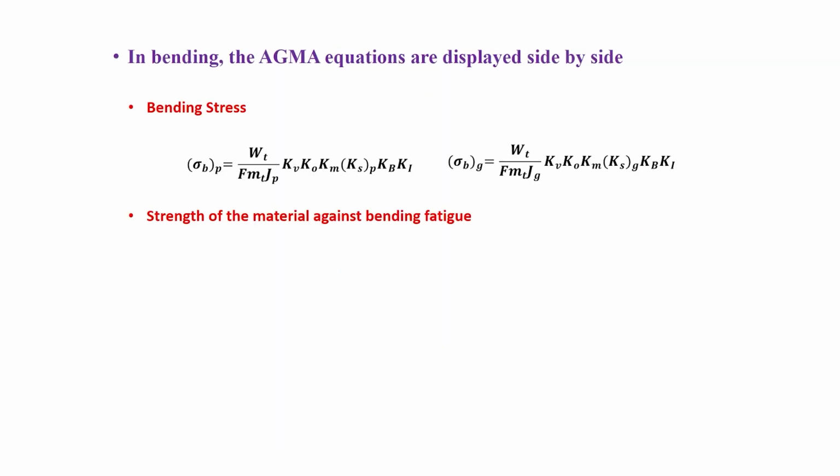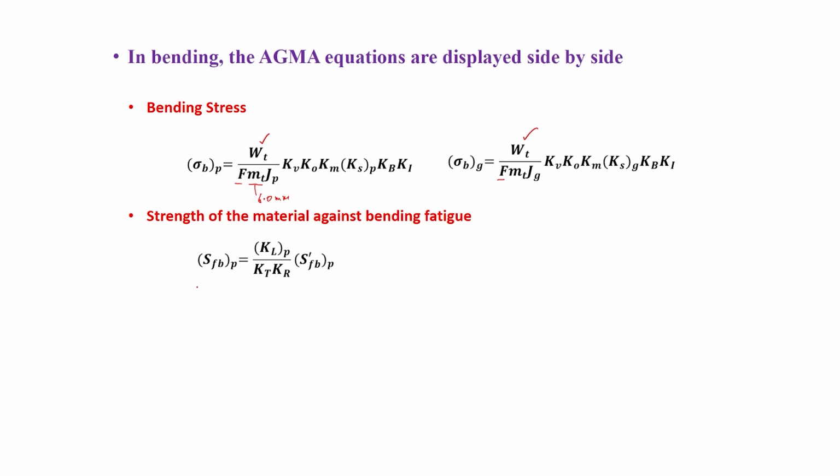Now, in bending, the AGMA equations are displayed again. We have determined this Wt, and the face width is not given in our problem. The module we have selected as 6 mm. Now, we have to determine one by one the geometry factor Jp, velocity factor, overload factor, mounting factor or load distribution factor, size factor, rim thickness factor, and the idler factor.